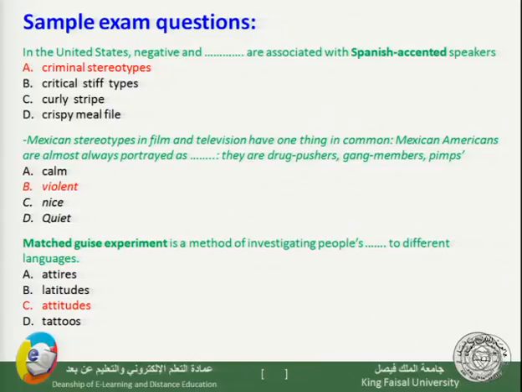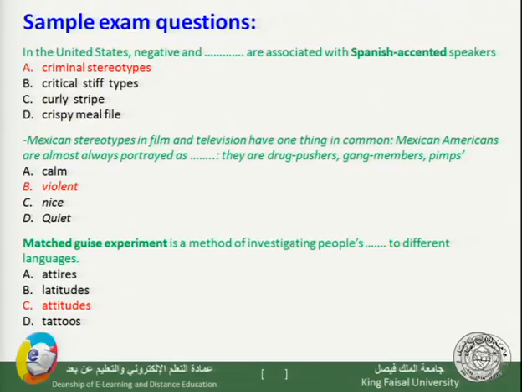So they are drug pushers, gang members, and pimps. Third question, matched guise experiment is a method of investigating people's attitudes to different languages. We know that the answer to this question is C, the word attitude.